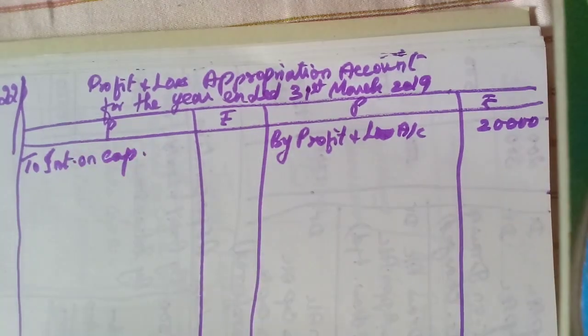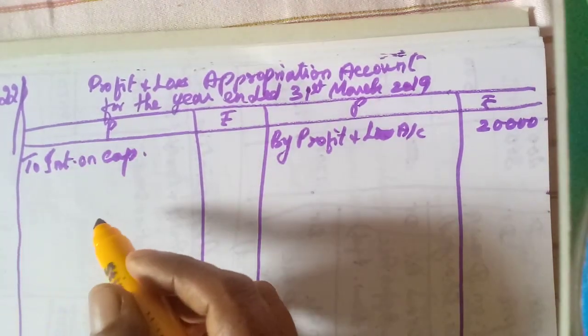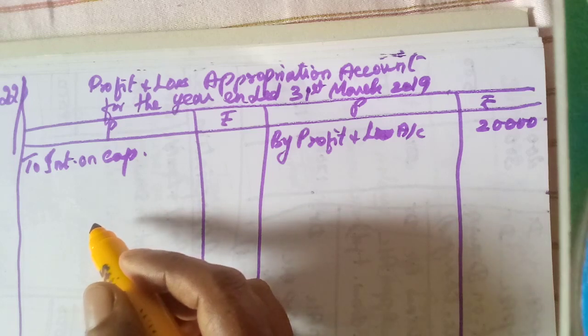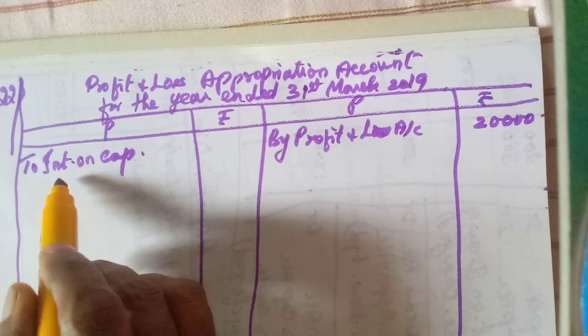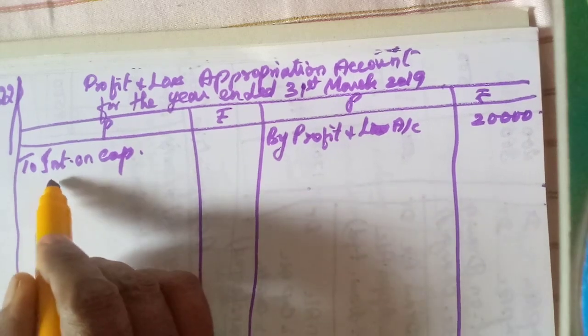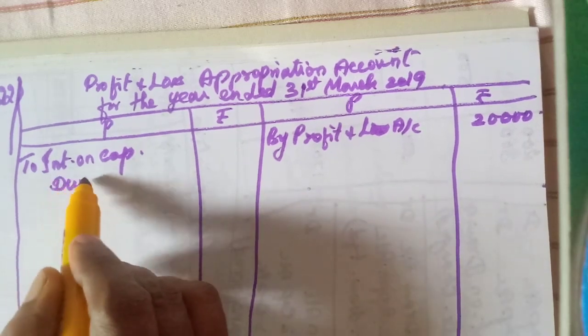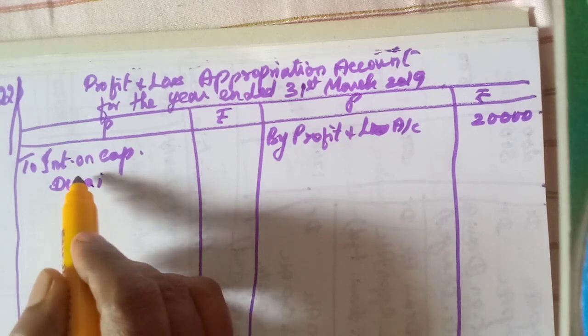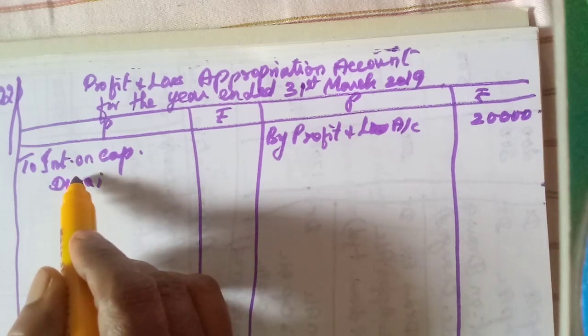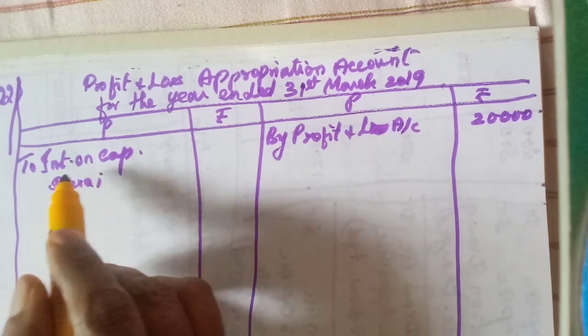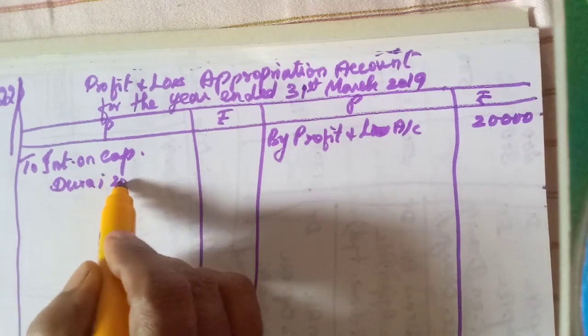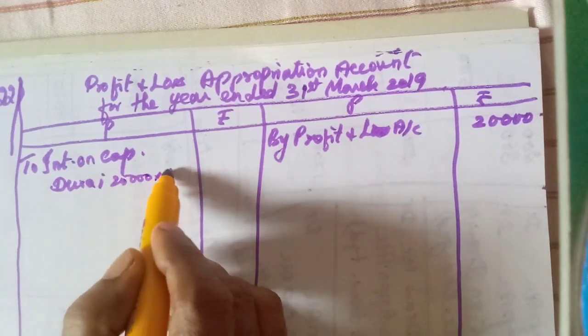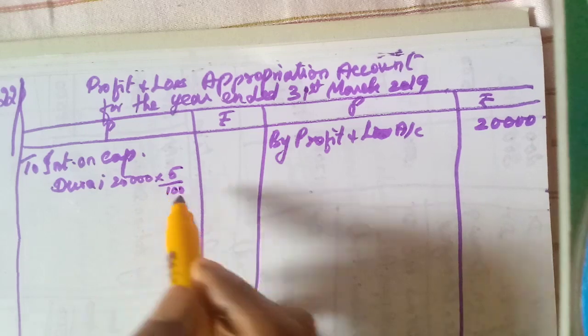Here we can show separately the partners' interest on capital at 5%. So who is the first partner? Durai. How much is it for Durai? 5% on his capital. Durai contributed 25,000 into 5 by 100.